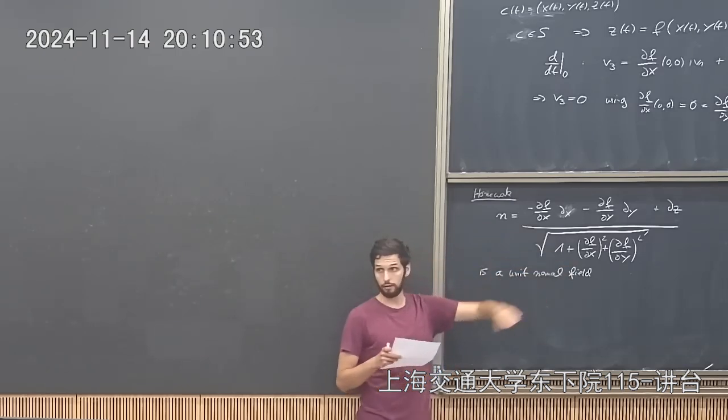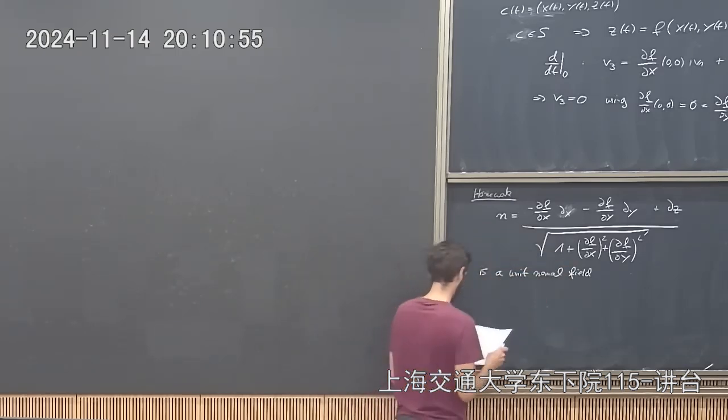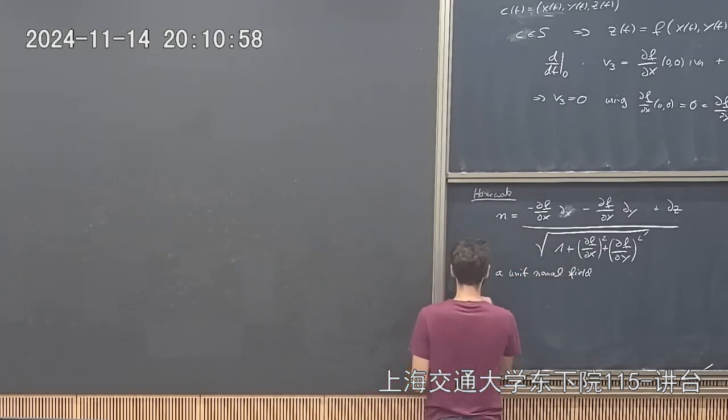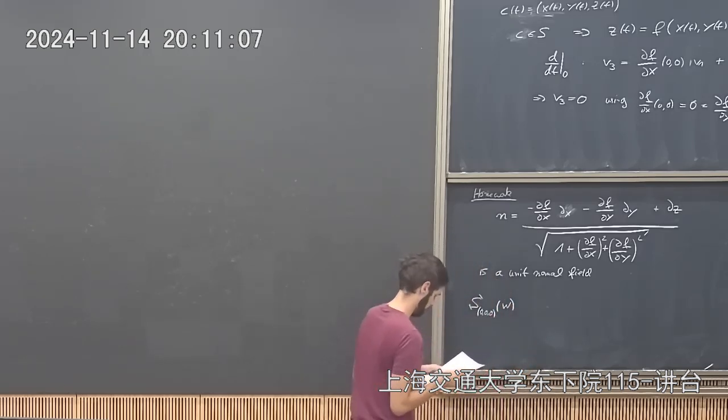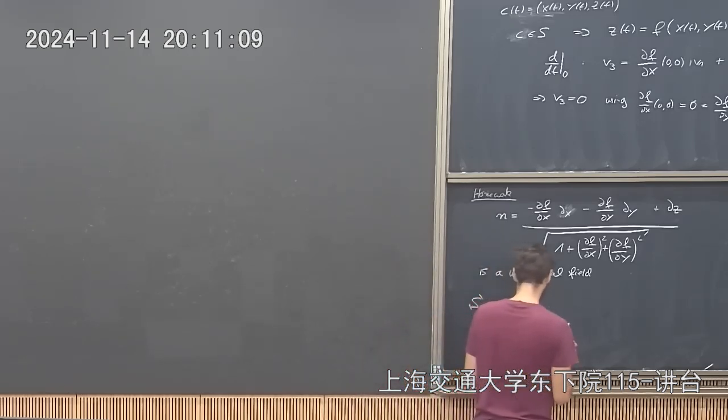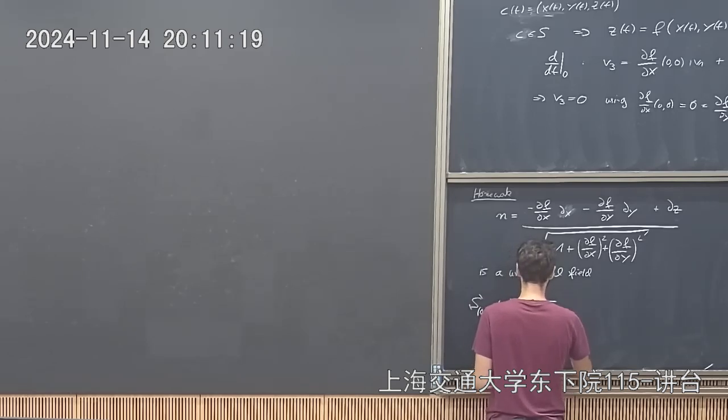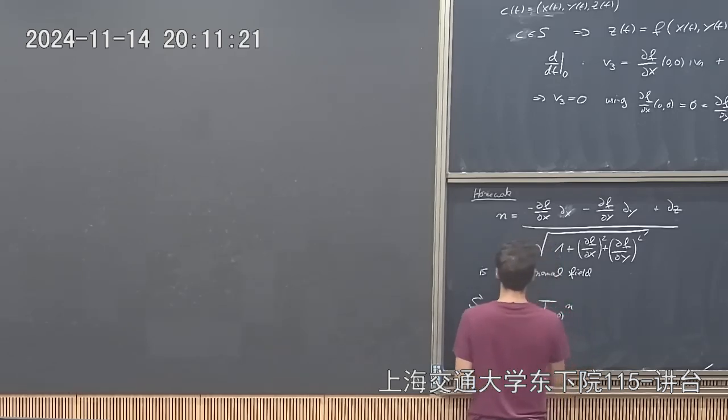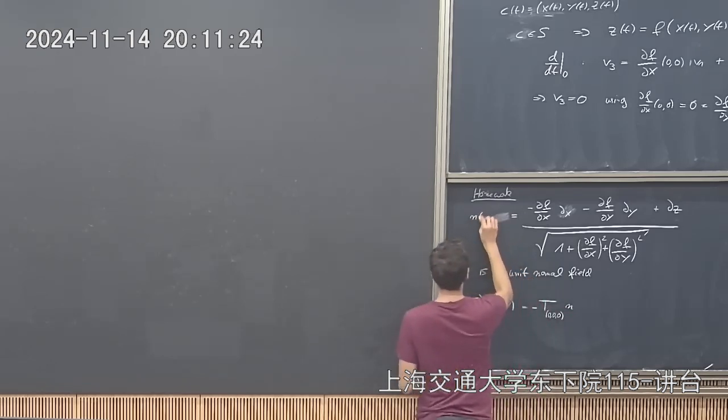So now we would like to calculate the shape operator. So the shape operator at 0, say, in the direction of W, is minus the change in space at 0 of the normal. So the normal depends, of course, on x and y.